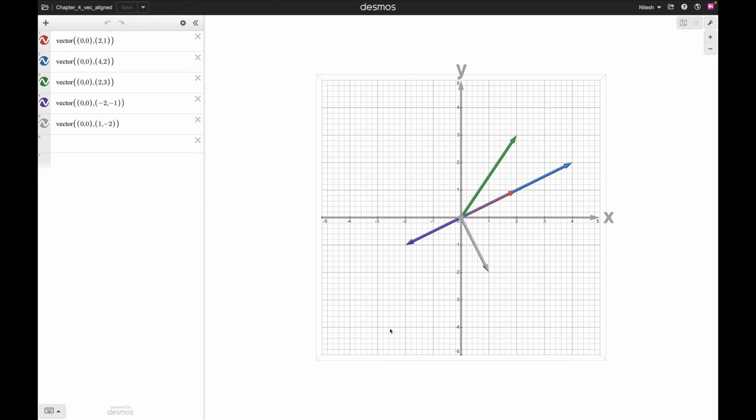Now let's look at yet another example. What we have here is a set of vectors all pointing in different directions, and what we are going to think about is how well they align with the red arrow in this case, which is this one. These are all the arrows we have.